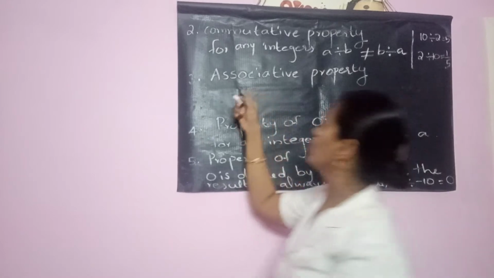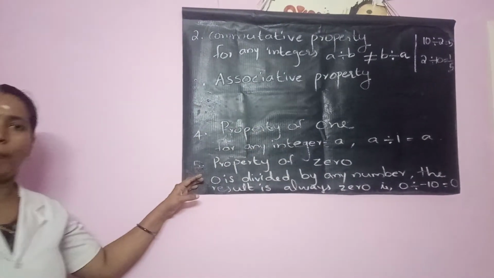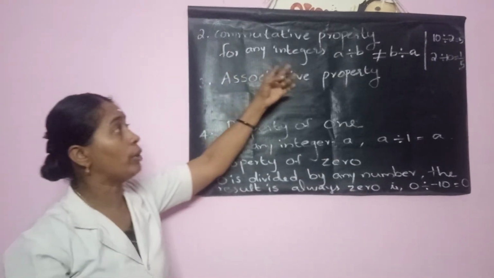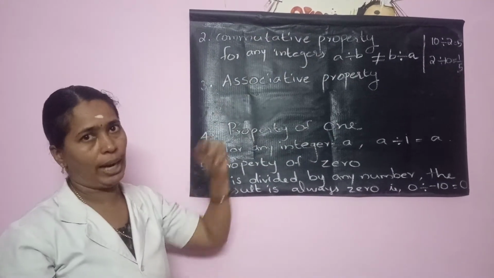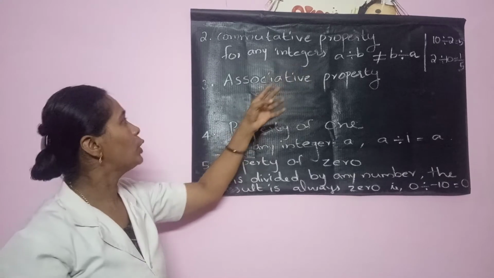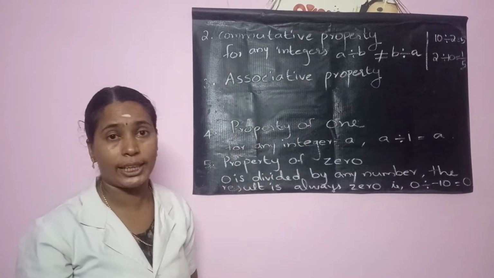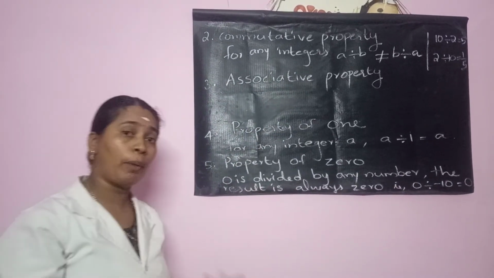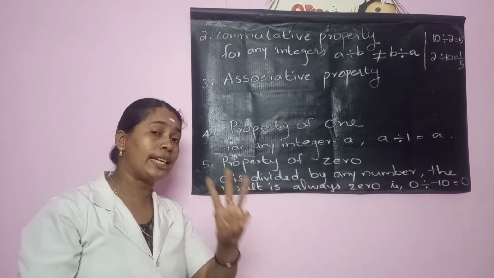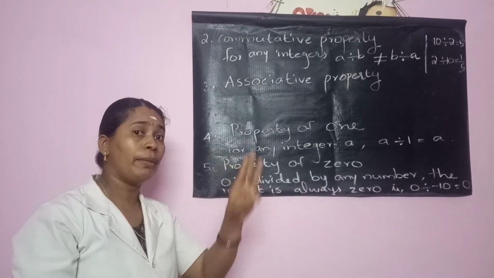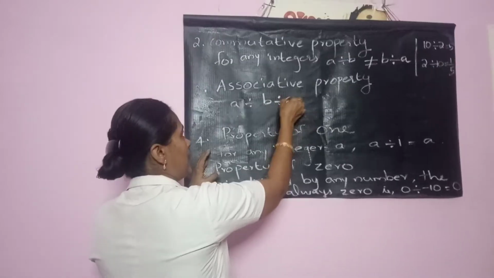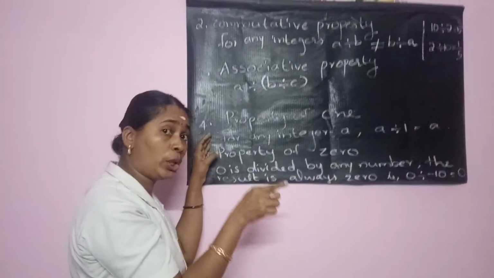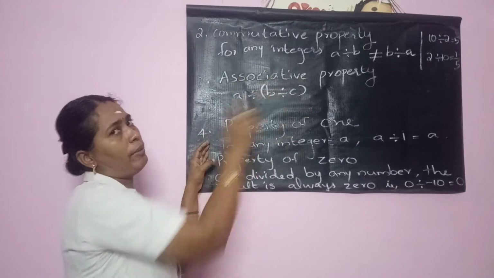Then let us go to the associative property. When you take two numbers itself, it is not commutative. So what can we go through with the associative property? The associative property says that when we consider three integers at a time, (A divided by B) divided by C is equal to A divided by (B divided by C).